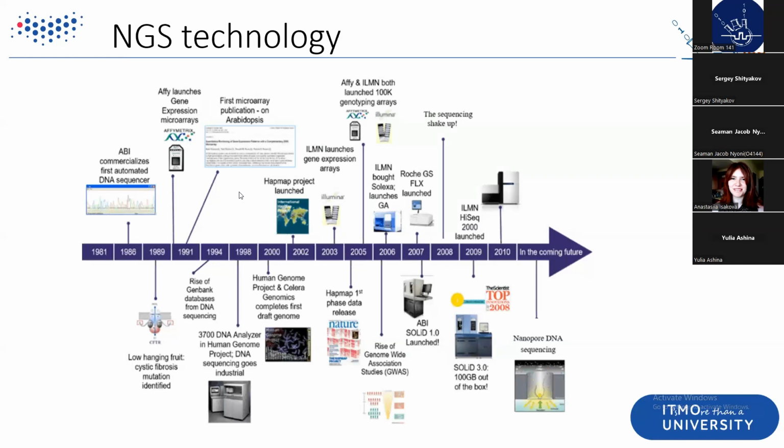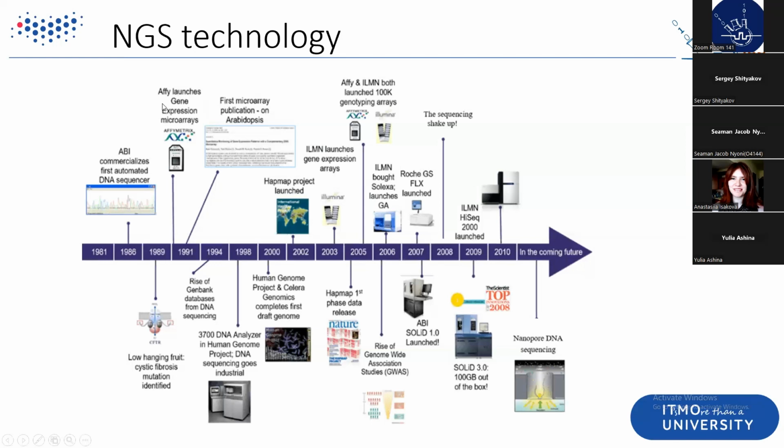So NGS technology started early, in 1981. This was the first trial to use the DNA sequencer.